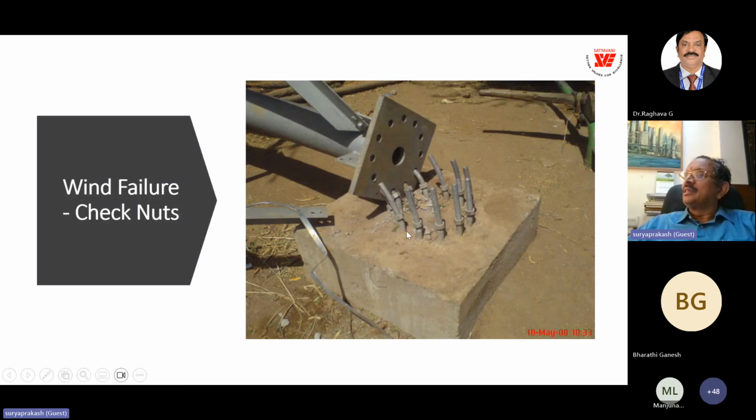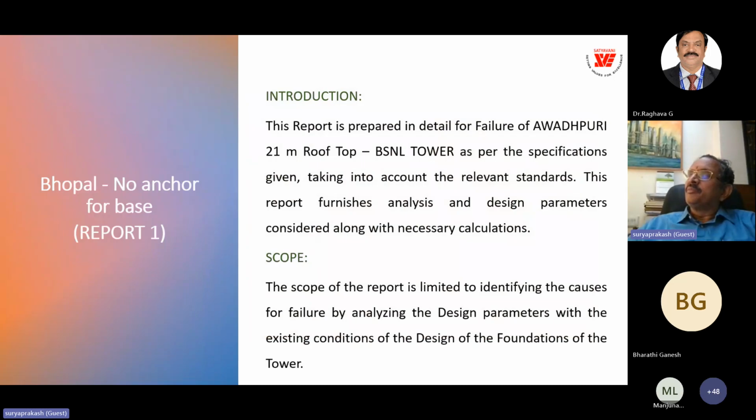And here, check nuts. Normally in the detailed drawings, we provide the actual nut and a check nut. The second nut is provided to give redundancy against failure. But here you can see there are no check nuts, and the whole tower overturned due to lack of check nuts.